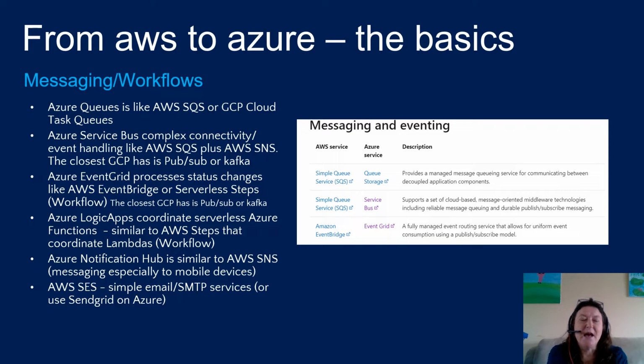However, there are two modes typically in these three. One mode is enforced first in, first out, and the other one is kind of best attempt at first in, first out. So the default is usually the best attempt version, whereby the technology tries to ensure that the first message in is the first one out, but it doesn't guarantee it.